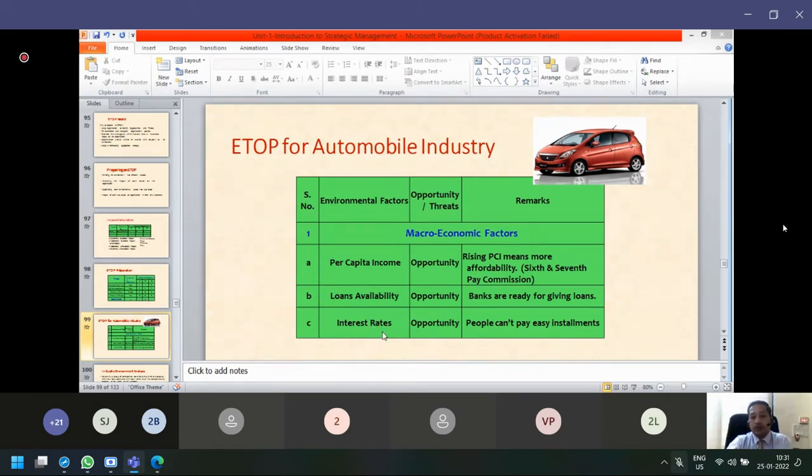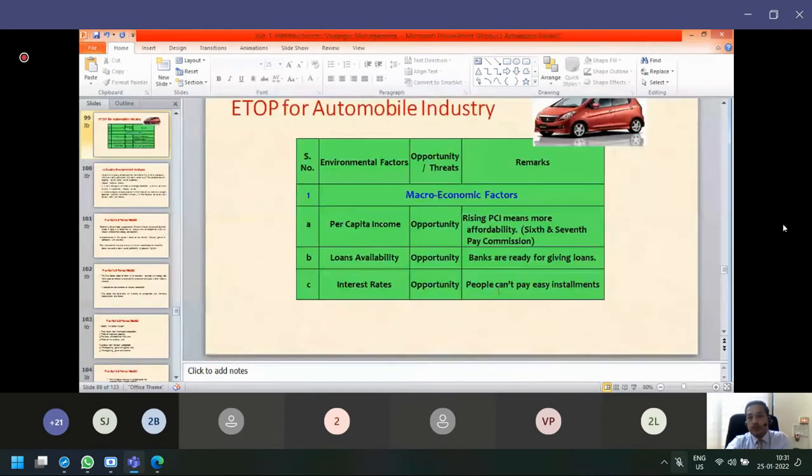So we can call it an opportunity, and it can give a positive effect on the company's operations. It should be, actually, if it is an opportunity, people can pay easy installments. So it is an opportunity for the company that people can pay easy installments, and therefore there is an opportunity to sell more cars.